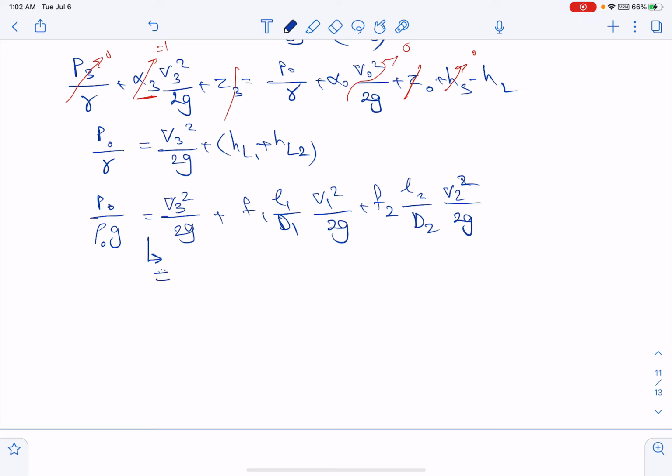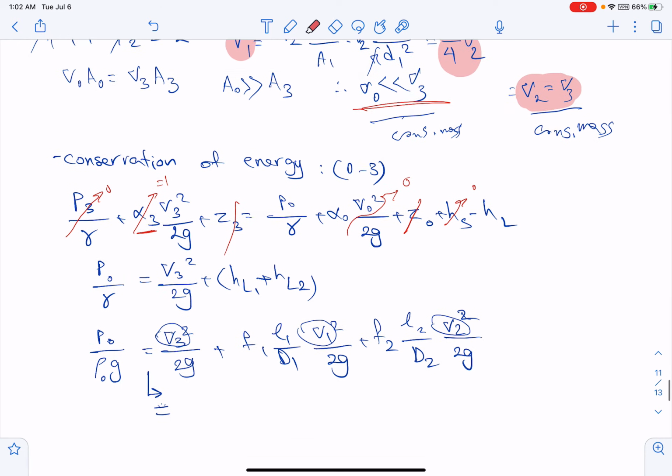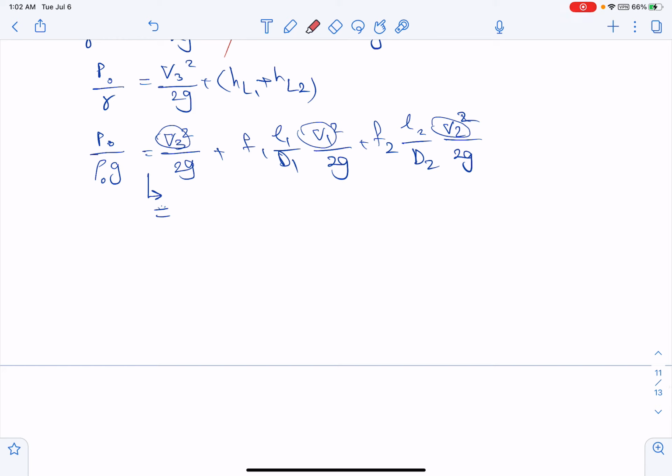We have V3, V1 and V2, and we know the relationship between V2 and V1, and between V2 and V3. Let's change V3 to V2 to reduce our unknowns.